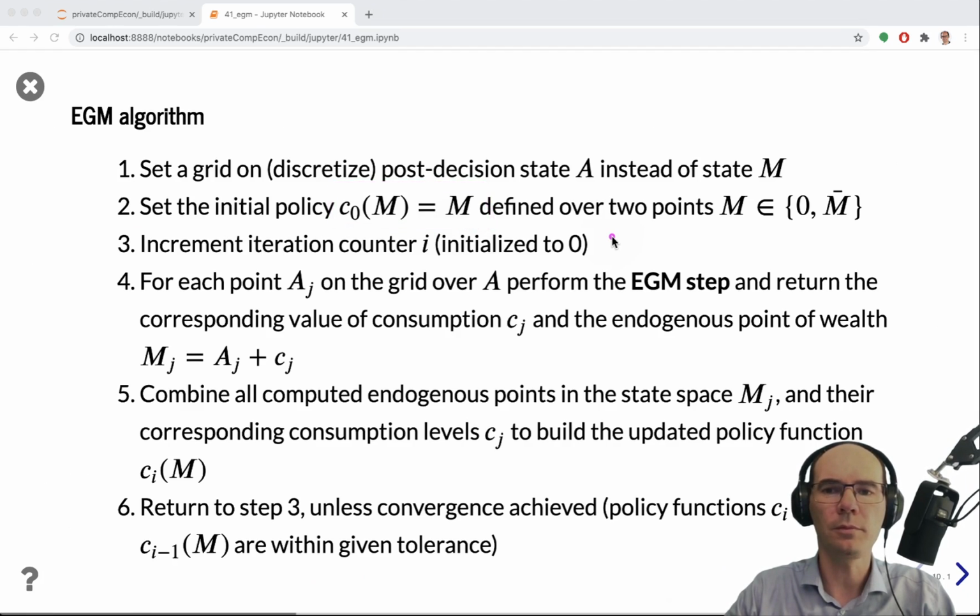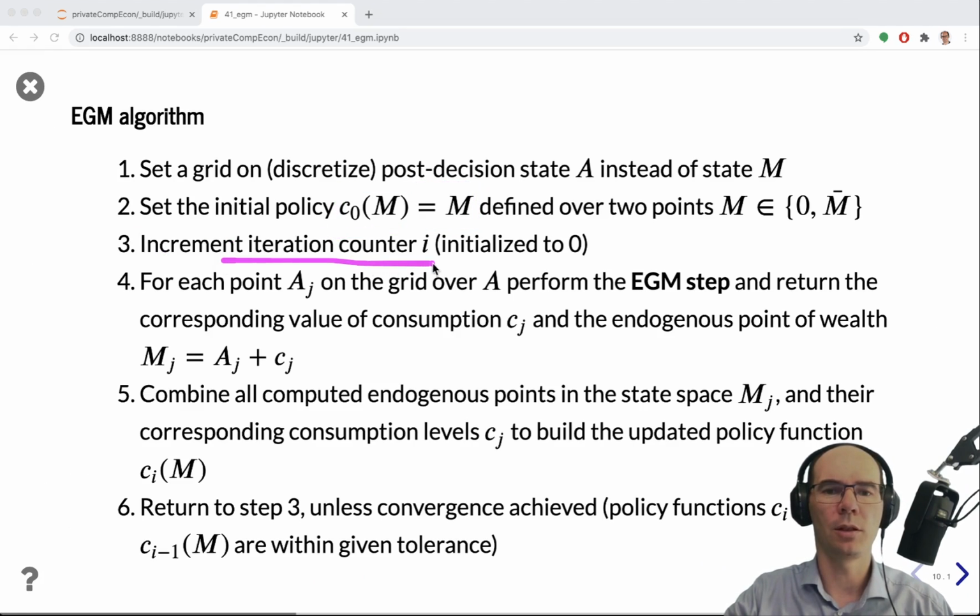And we can define that very nicely, as I say here, just over 2 points if we use linear interpolation. We can just define it over 2 points, 0 and m bar, which is the upper bound of the problem. And with linear interpolation, we would immediately get this function, right?